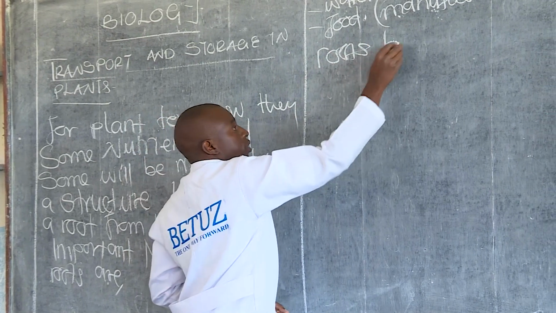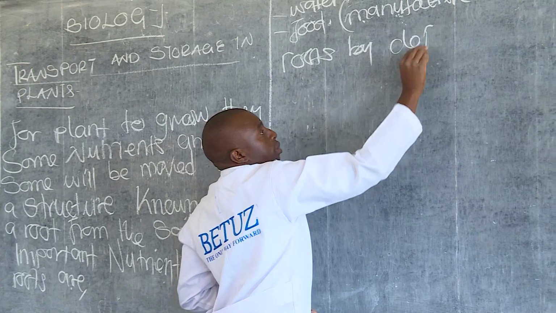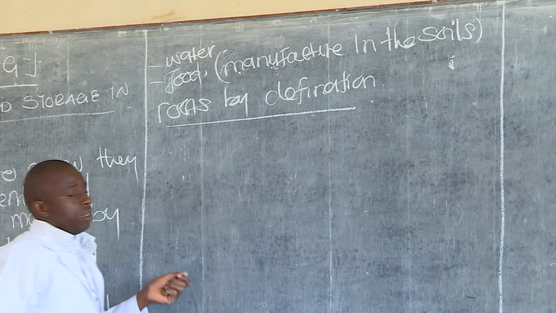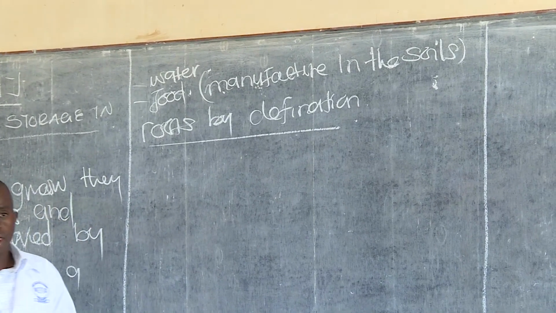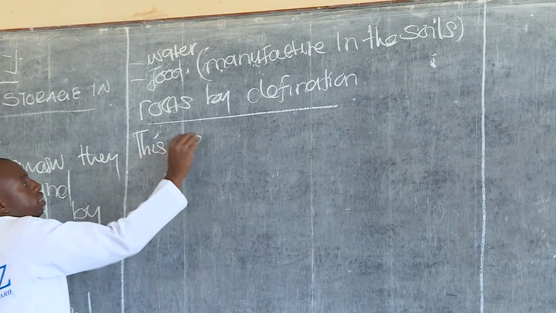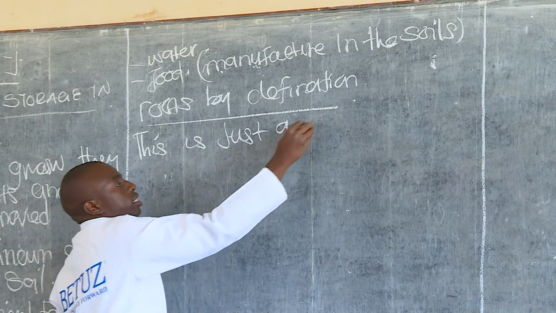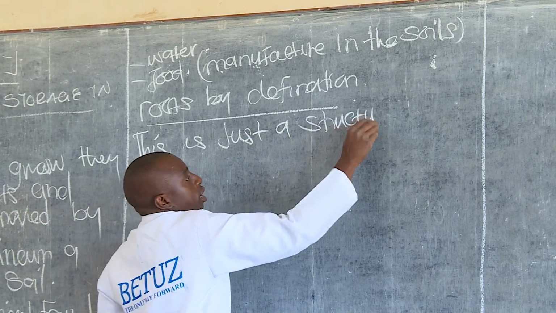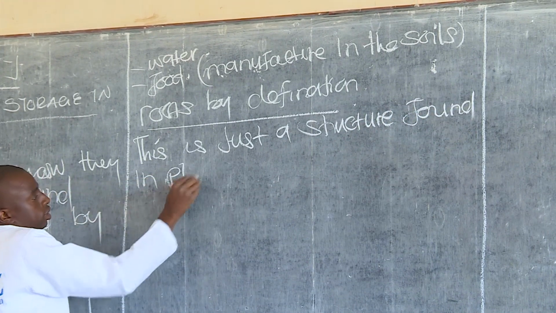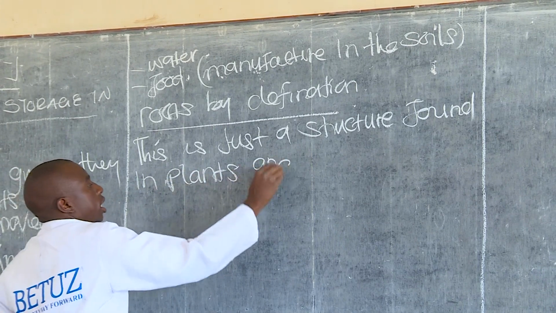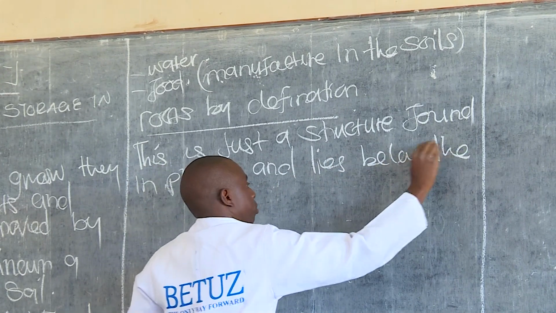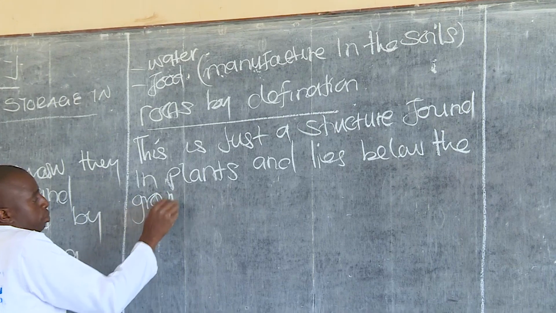Roots, by definition: a root is just a structure which is found in plants, and it lies below the ground.